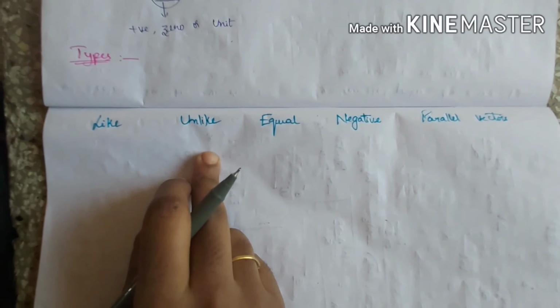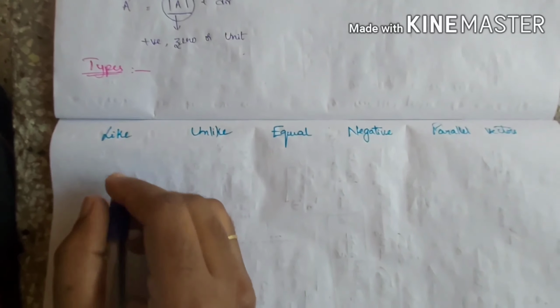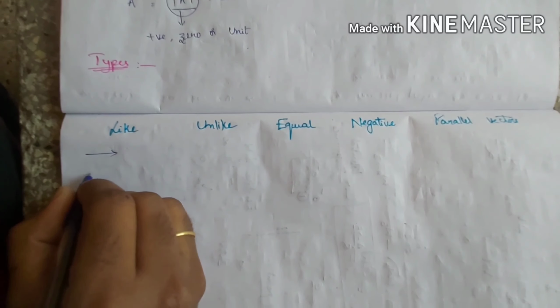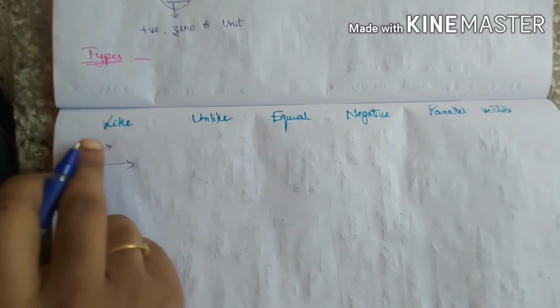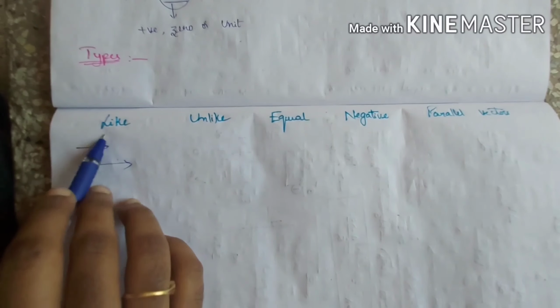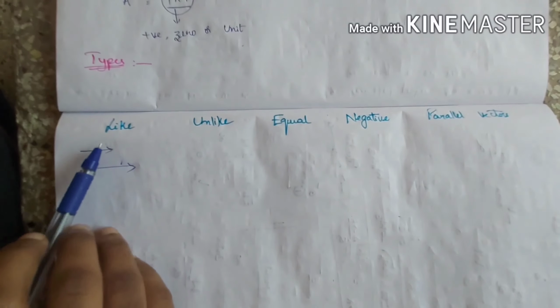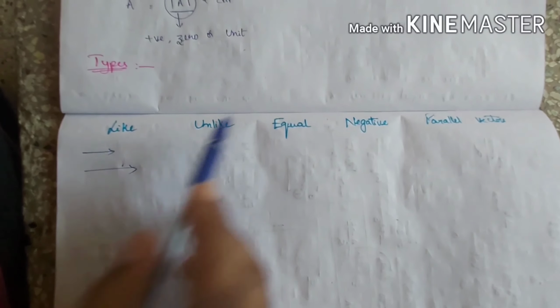Like, unlike, equal, negative, parallel vectors. So let's see this case. Like vectors now, both are of different magnitude but same direction. I've already told you length shows magnitude. Okay, arrowhead shows direction. So here both are of different magnitude but along the same direction.